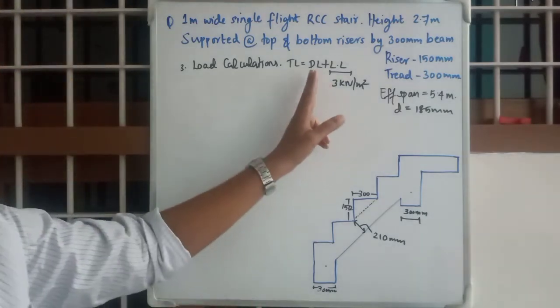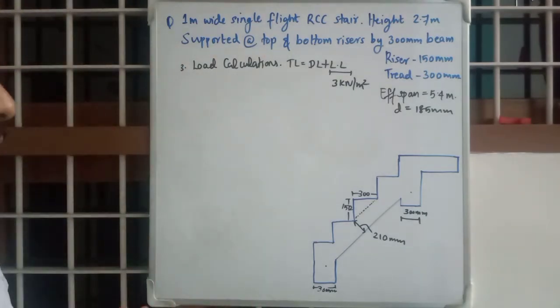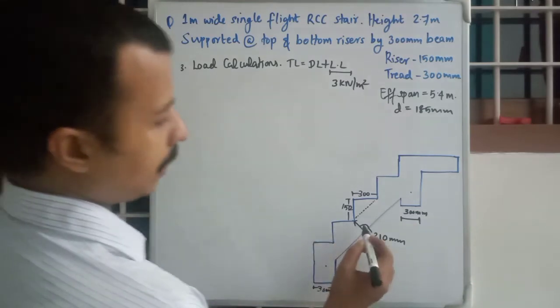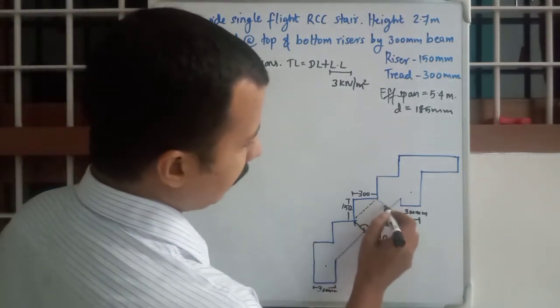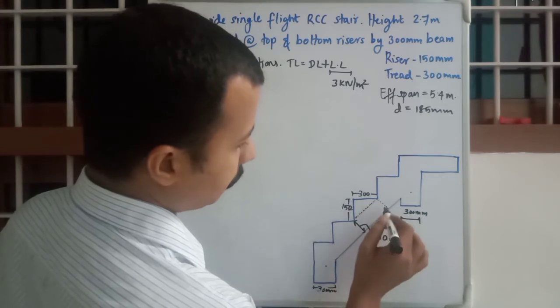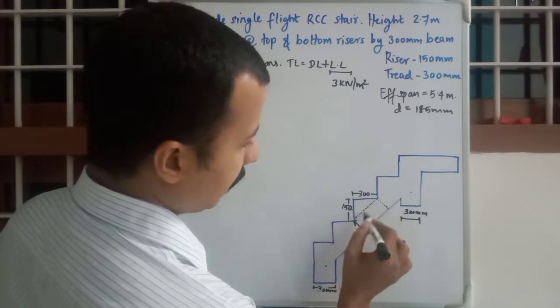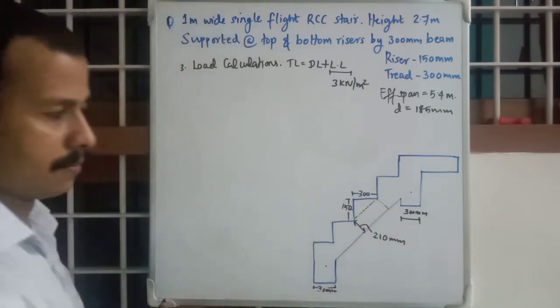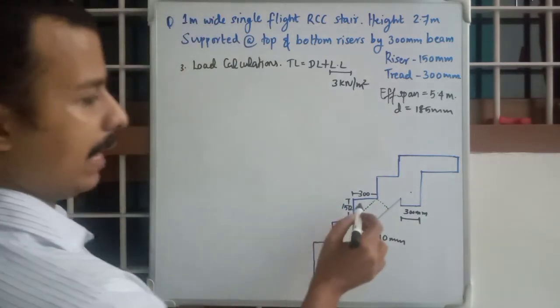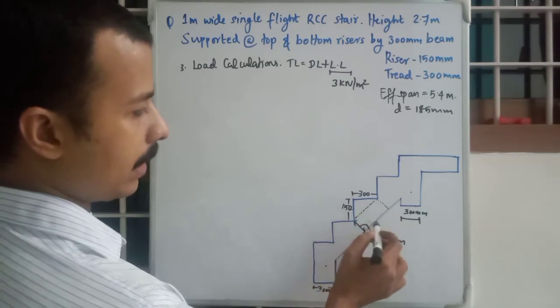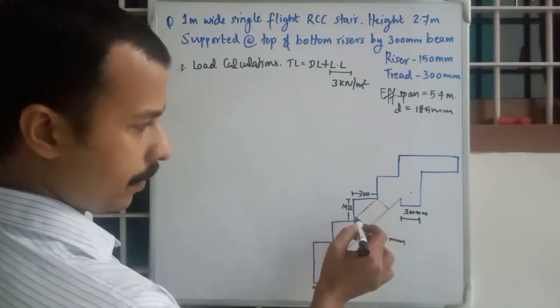Okay, so calculation of dead load. For calculation of dead load, we will have to calculate the area of this shape. First this rectangular portion, and second this triangular portion. Then we will add these two to get the total area of this shape.